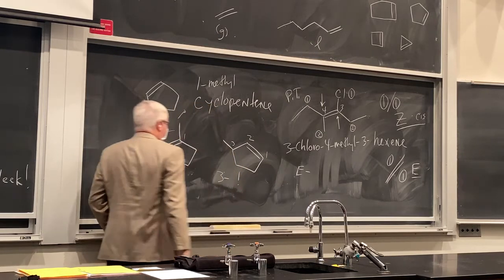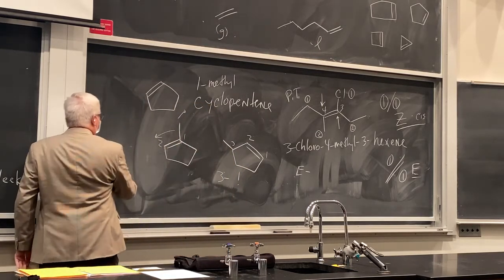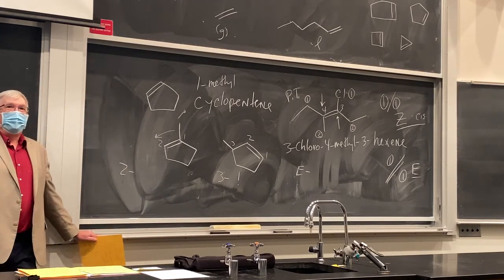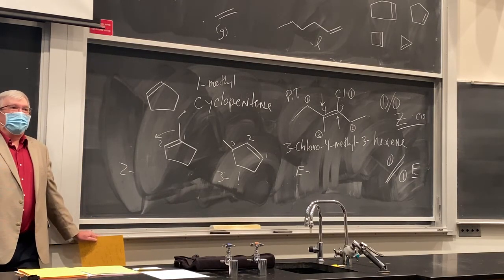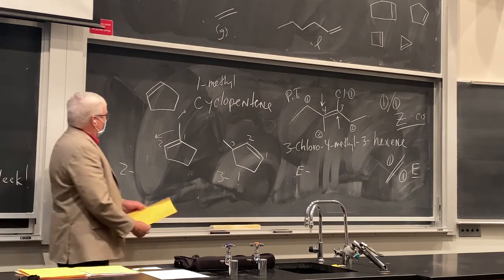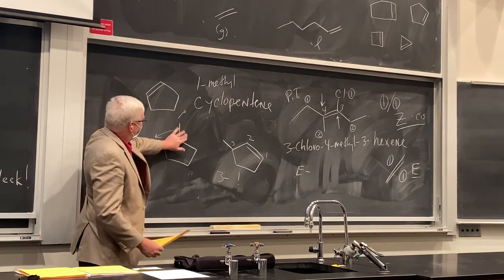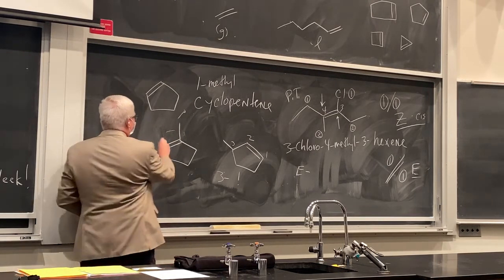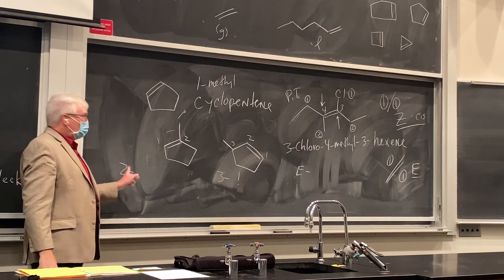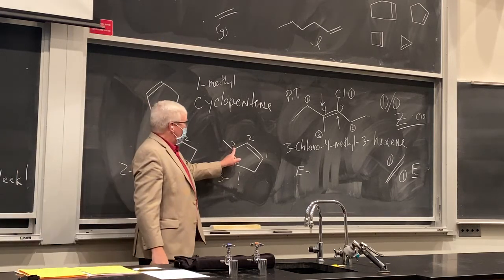Okay. Which begs the question, is there such thing as 2-methyl cyclopentene? Or is that just an incorrect name? And why? Well, if we just had this over here, that would just be having the number out, right? Well, could this be 2-methyl cyclopentene?